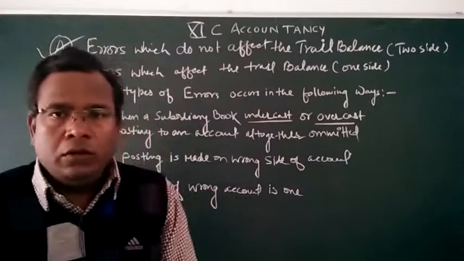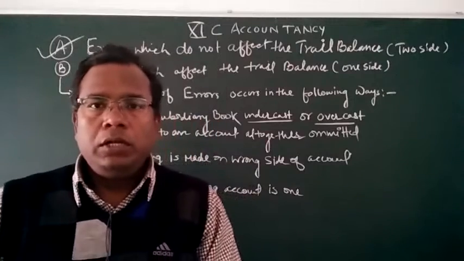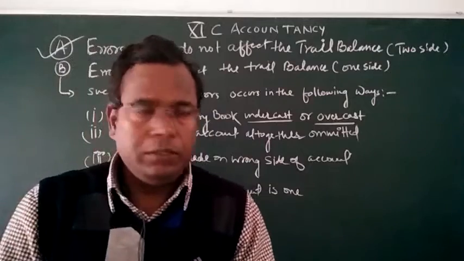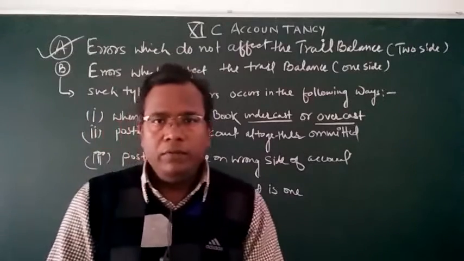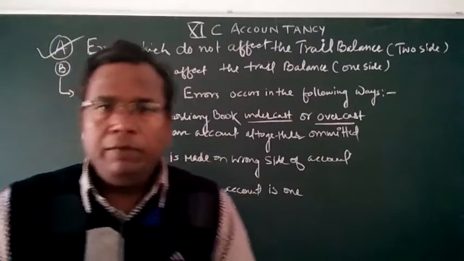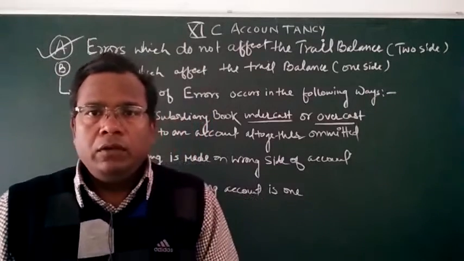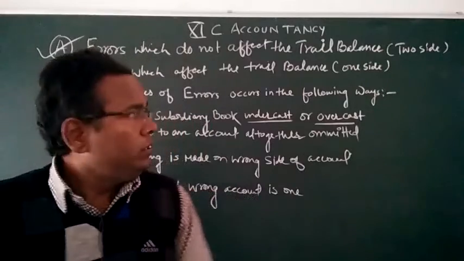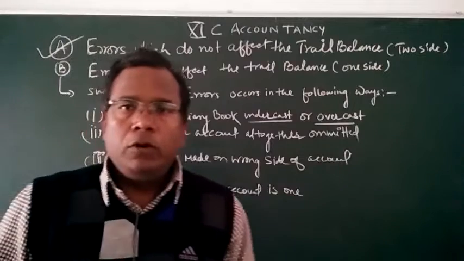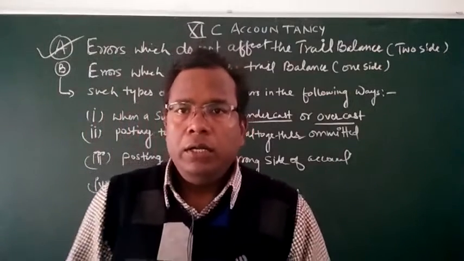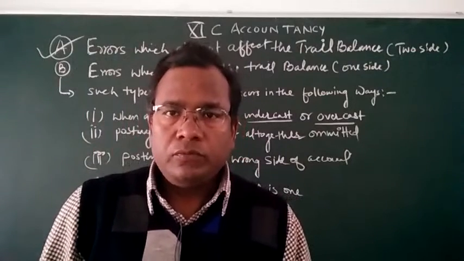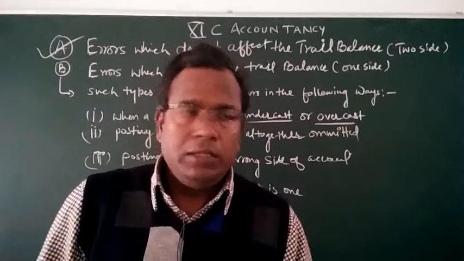Undercast means you have totaled a value which is lesser than the actual figure. Suppose the figure is rupees 10,000, but you have recorded 9,500. When totaling the amounts, you have not written the exact figure but a lesser amount; you have undercast.